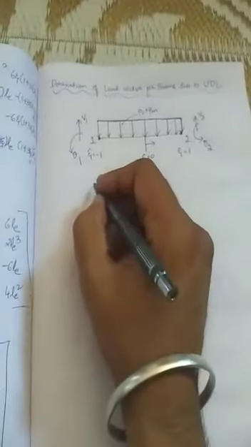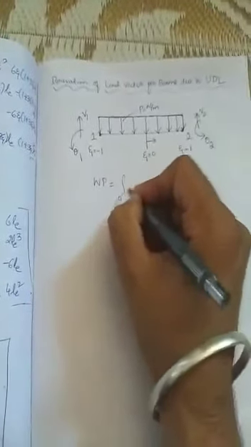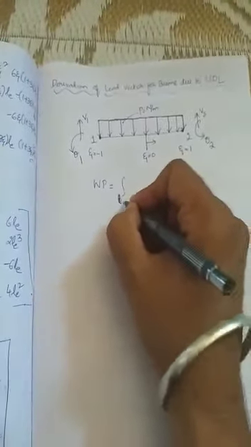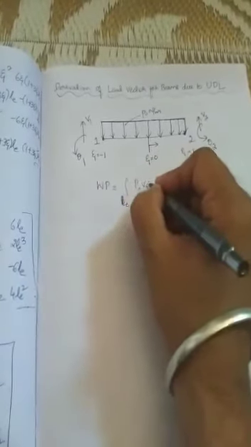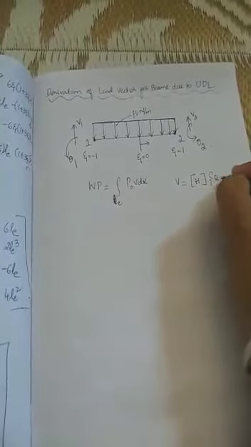So here, first thing is we will write about the work potential. Work potential is given by integral over LE of P naught V dx. V is nothing but H into Q, where H is the Hermite shape function and Q is the displacement.